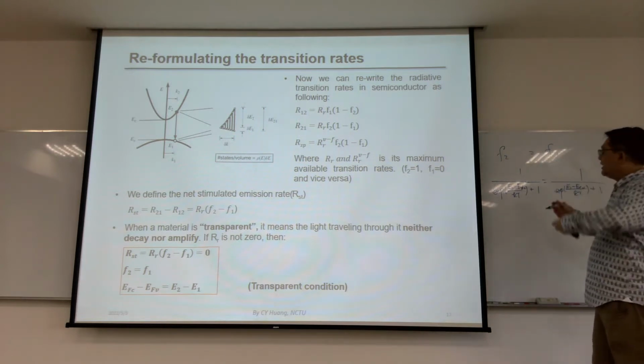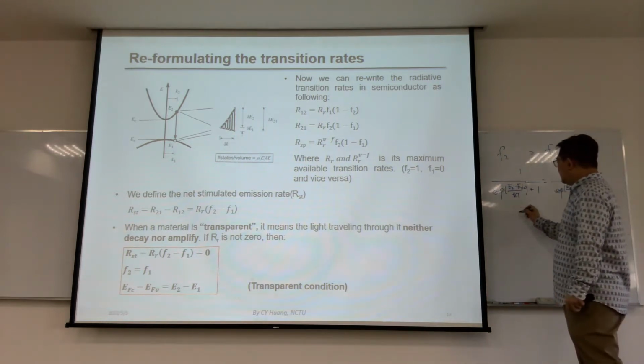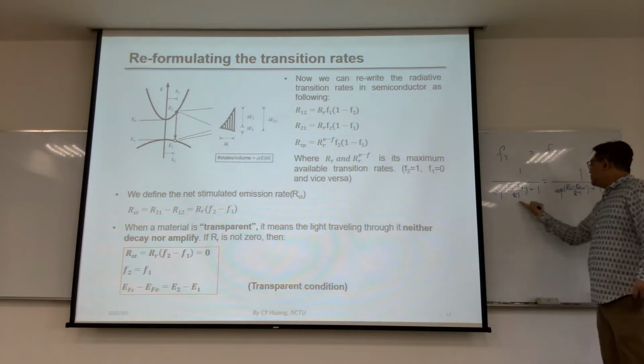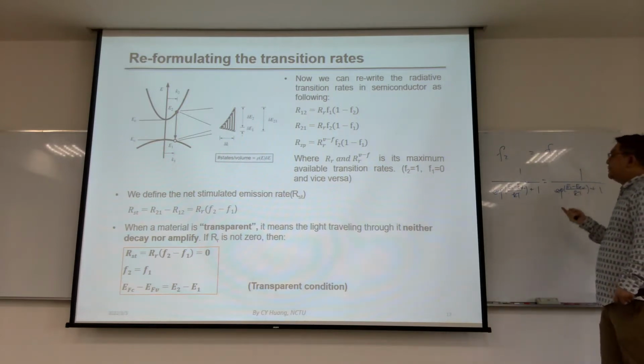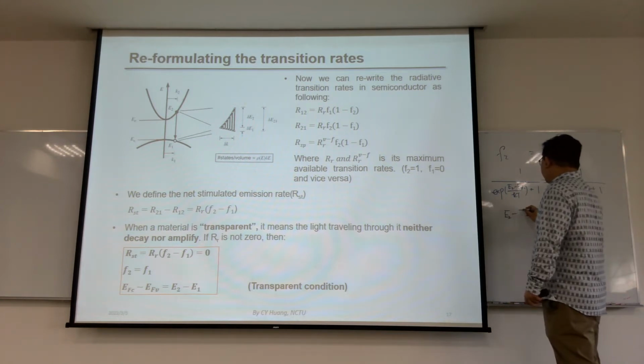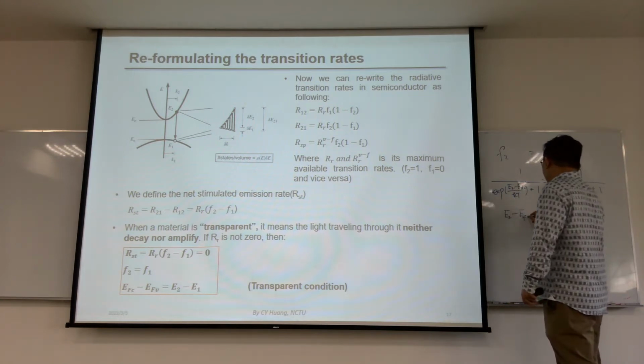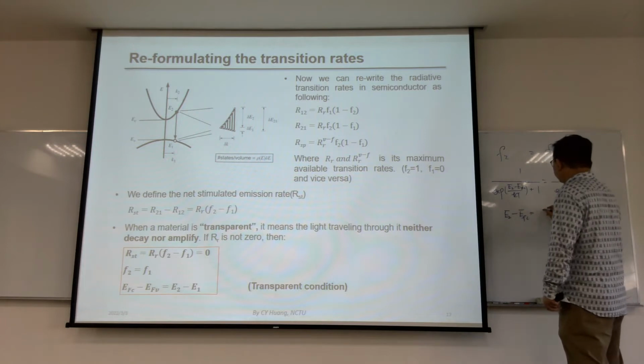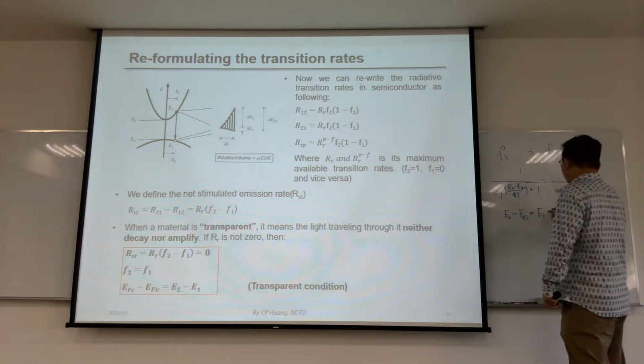So we just take an inverse. Basically these two exponentials have to be the same. So E2 minus EFC should be E1 minus EFB.